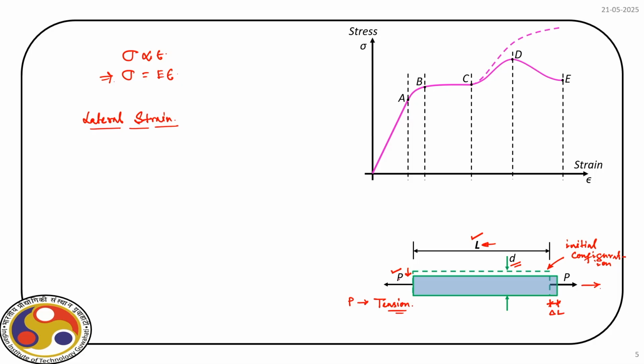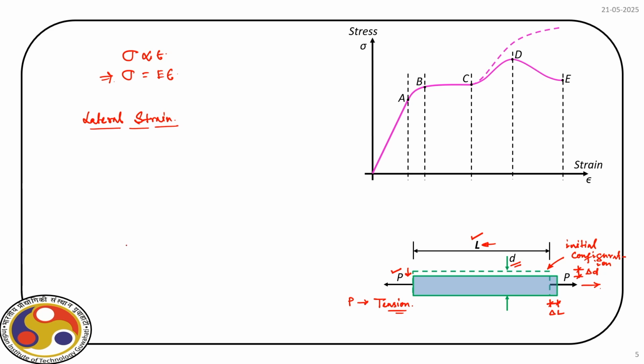So, we apply a force of P in the longitudinal direction. However, the moment we apply this force P, there is a lateral strain developed in the material. Now, how much is this reduction? We can actually mark it as delta D.